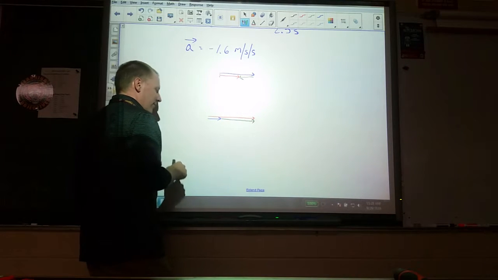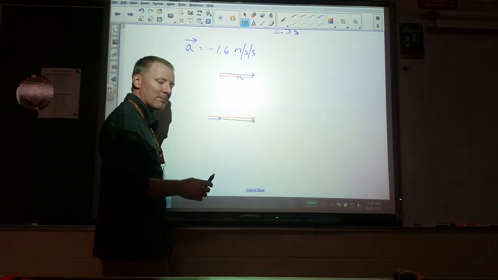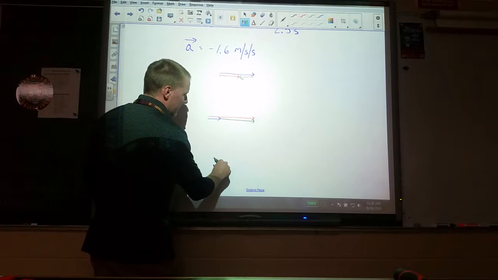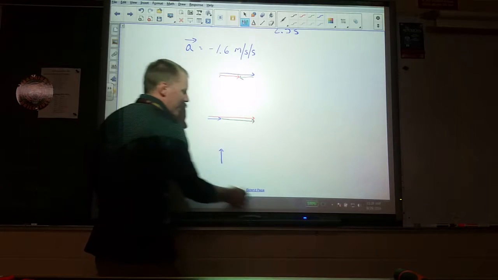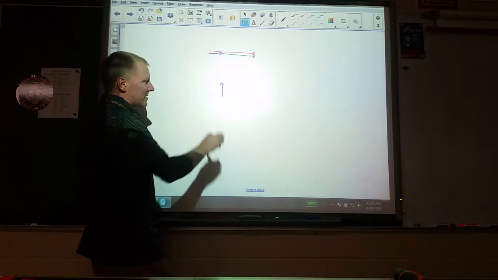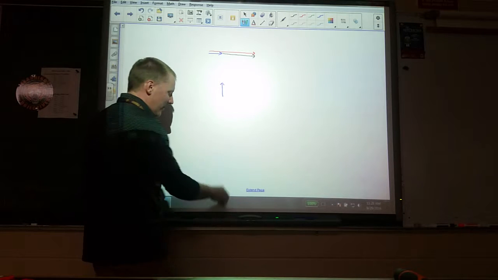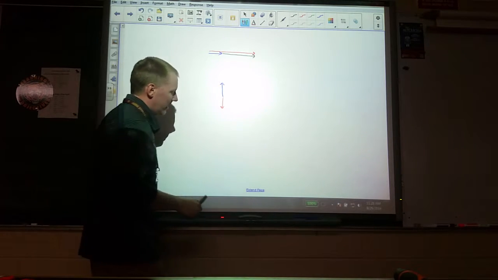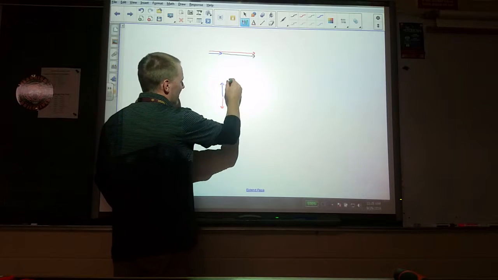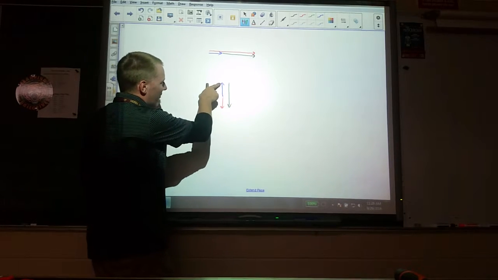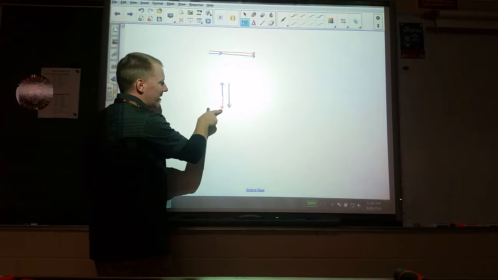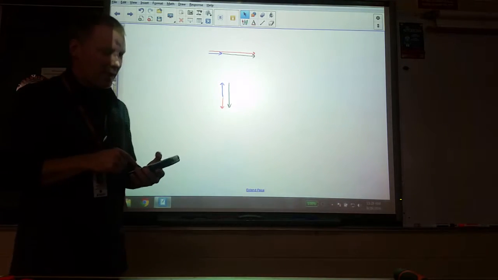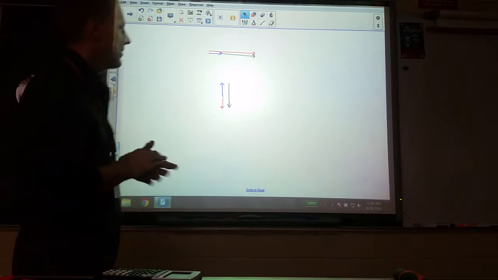Or if we throw something upwards, say, we'll say that the upwards velocity, our initial velocity, is going like that, but as we know, it stops, slows down, starts coming back down. When we catch it, it'll be in the opposite direction. Well, then our acceleration must be going from changing our initial into our final, like that. We'll deal more with changing direction, and you might have a problem or two about that.